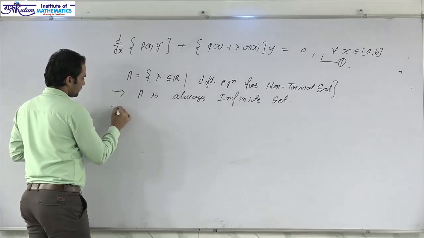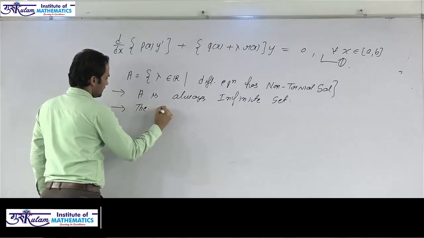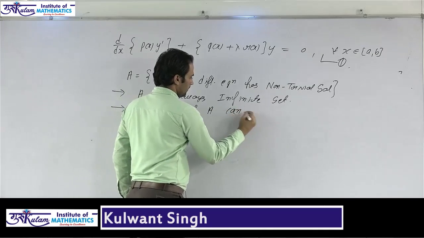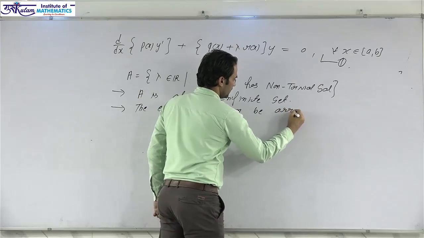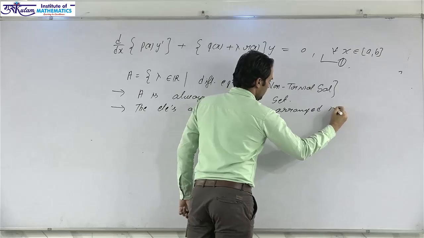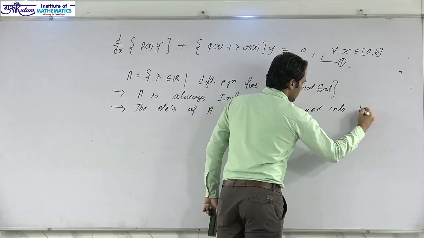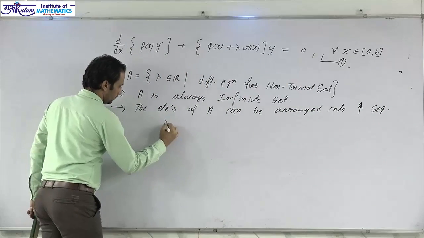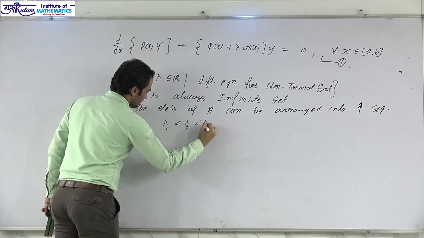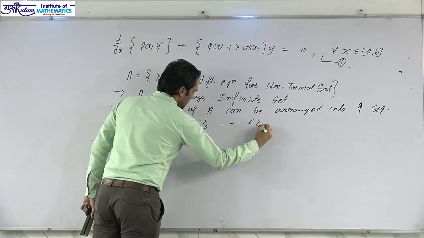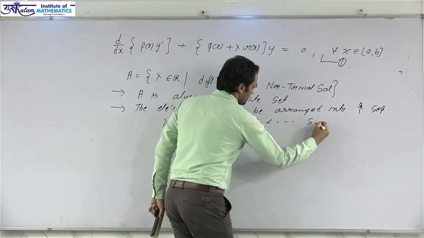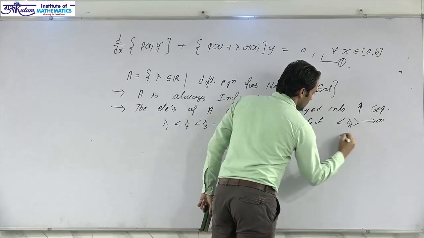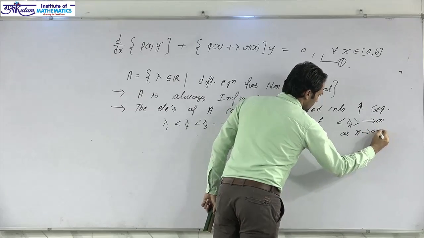Second is, the elements of A can be arranged into a strictly increasing sequence lambda 1, lambda 2, lambda 3 and so on, lambda n, such that the sequence lambda n diverges to infinity as n tends to infinity.